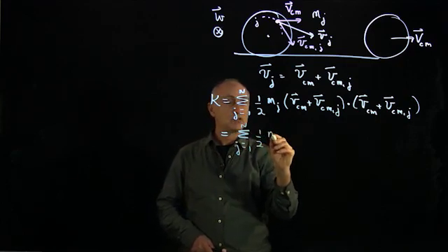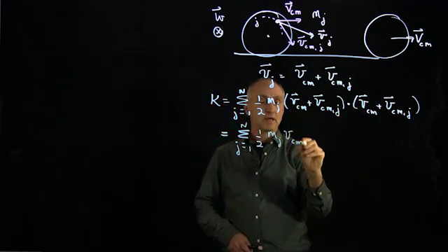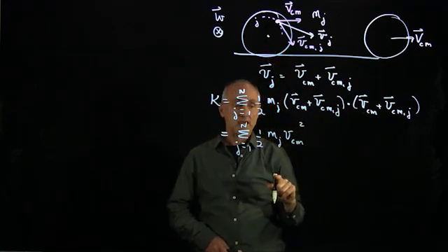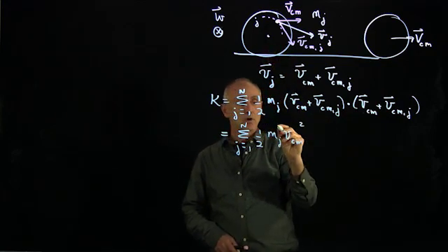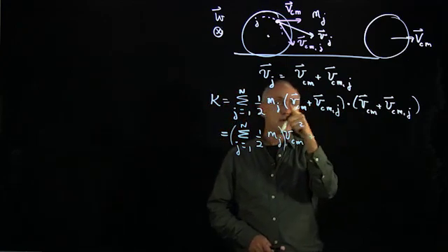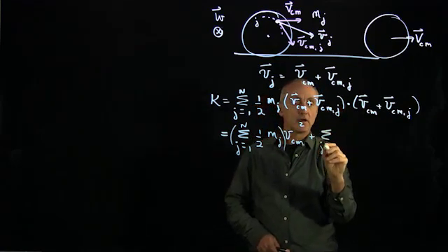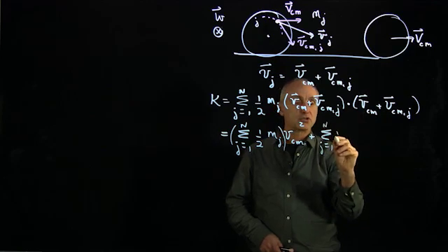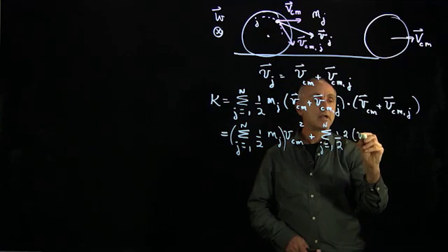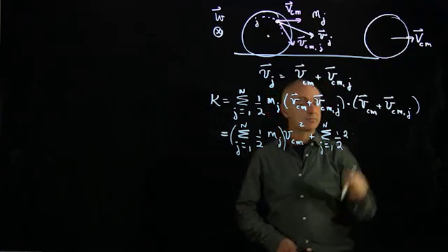We have 1/2 mj, and VCM dot VCM is VCM squared. Now, every point in the object has the same VCM, so we can pull that one out of the sum. And now we'll take these cross terms. We have the sum over j from 1 to n. There's two cross terms, so the 2's are going to cancel. And inside here we have to remember to keep our mass element. That's important.